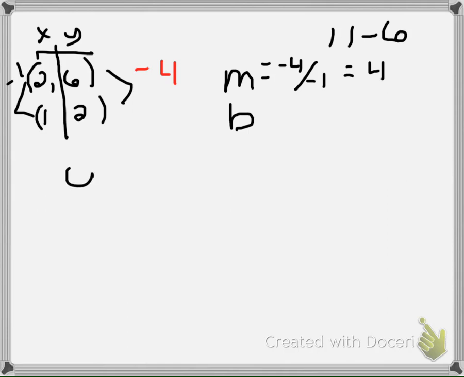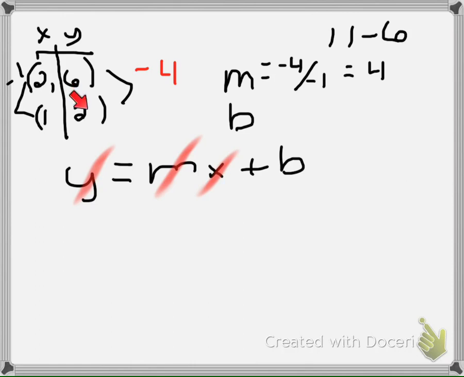To get the B, I need to do substitution with 3 points in Y equals mx plus b. 1, 2, 3. Okay, here we go. Here's a Y. Here's an X. And here's my M. This means to multiply.